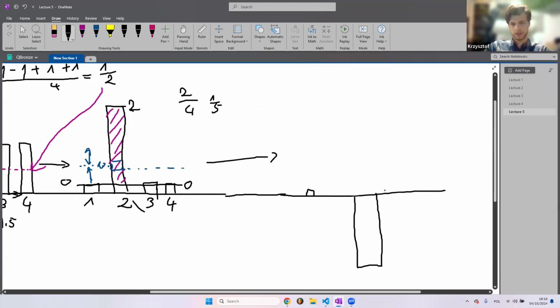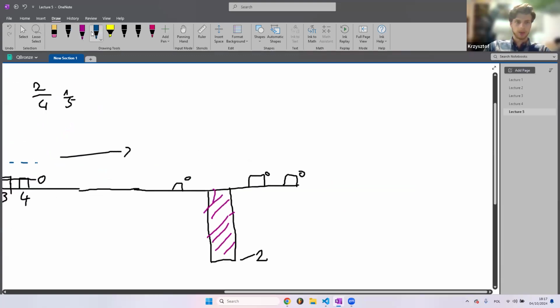So this is once again 0, 0, 0, 0, 0, and this is -2. Now we calculate the mean. I'm sorry, that step was unnecessary.